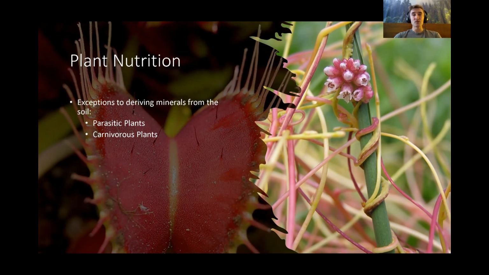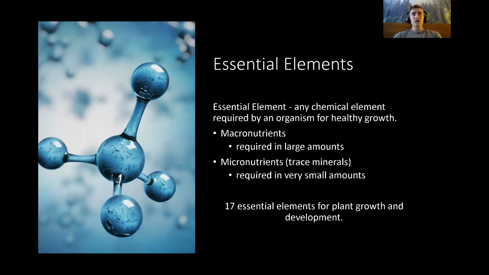But for the vast majority of plants, they are getting their minerals from the soil. So, what are the plants actually taking up? They're taking up elements. An element is the smallest unit of a mineral. We call the elements that the plant needs the essential elements.